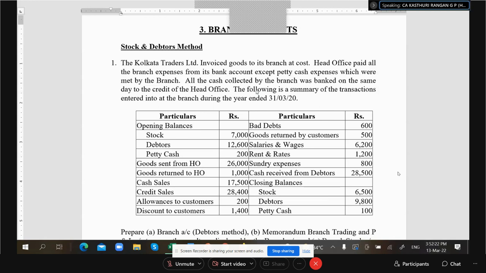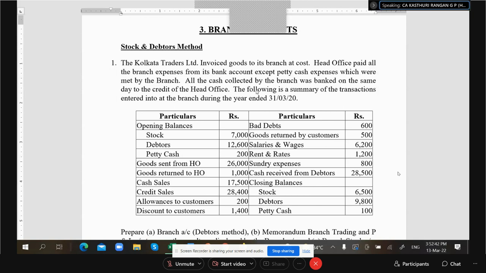But friends, as far as exam is concerned, mostly you get a problem based on stock and debtors method only. Debtors method problems are very, very less in the exam. Very remote possibility.